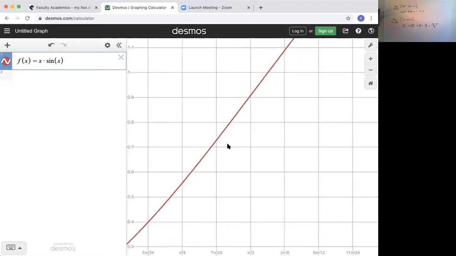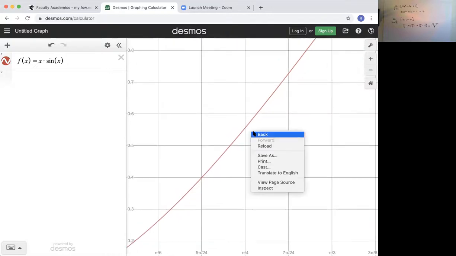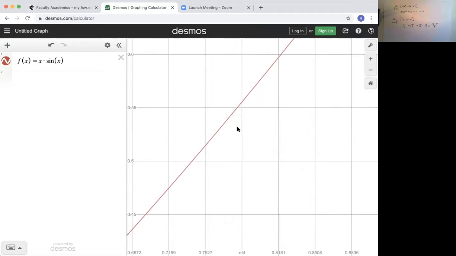So if I zoom in, getting closer to pi over 4, 0.5498 from this side, 0.5655 from that side. Zoom in even more. As we approach pi over 4, 0.5537 from the left, 0.556 from the right. So certainly something in the 0.55 area.